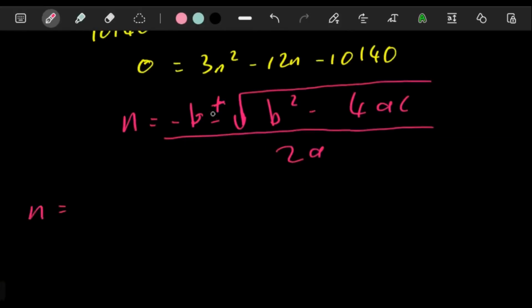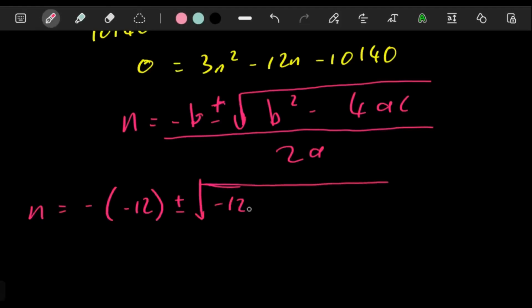So b here is -12. b is -12, squared. The a value is 3. The c value is -10,140.